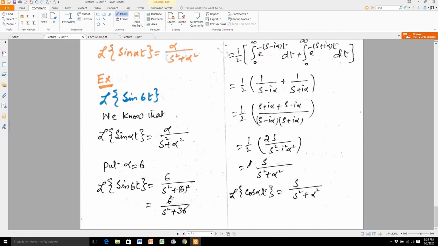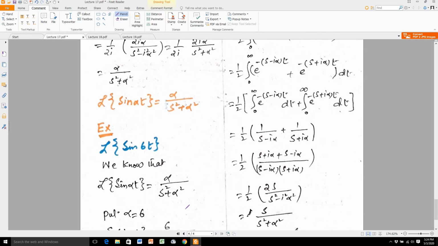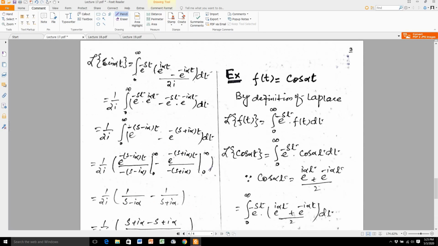In the same way, I am taking another trigonometric function, that is cos of alpha t. By definition of Laplace, I am writing its formula. Then I substitute f of t is cos alpha t, equal to the integral from 0 to infinity of e raised to minus st into cos alpha t.